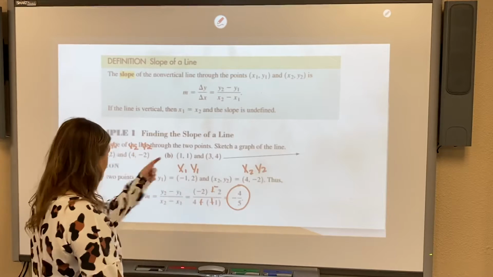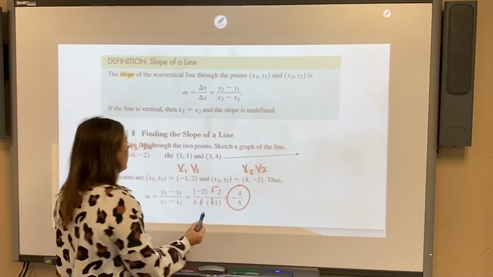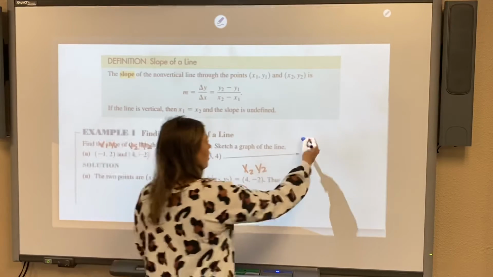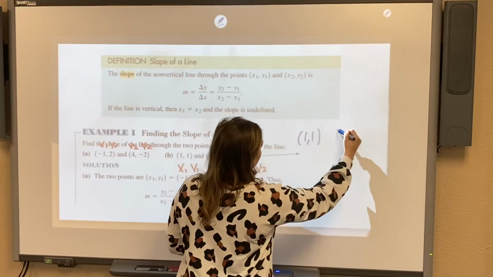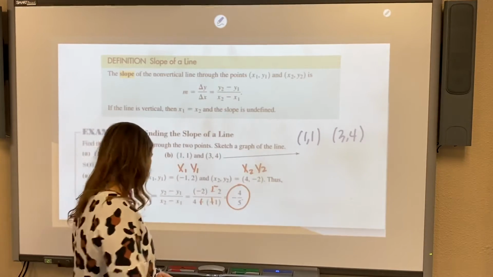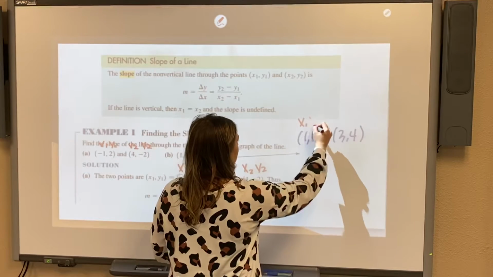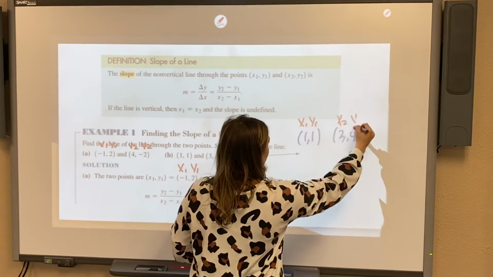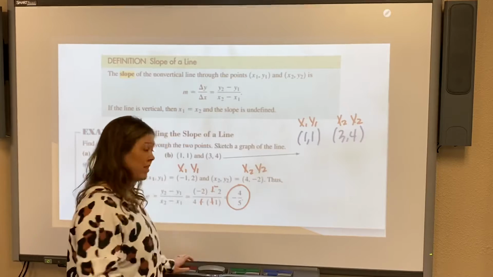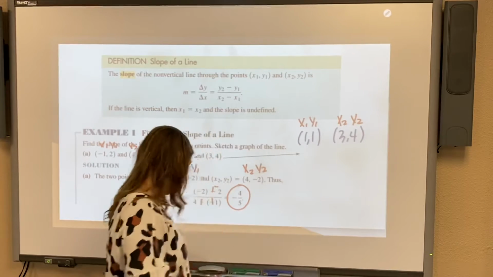Now let's look at B. I wrote an arrow there so I remembered to do B. For B, we have (1, 1) and (3, 4). We're looking for the slope, the rate of change, rise over run. So we have x1, y1, x2, y2. It doesn't matter which one is x2 or x1, as long as you're consistent, then you're going to get your answer.